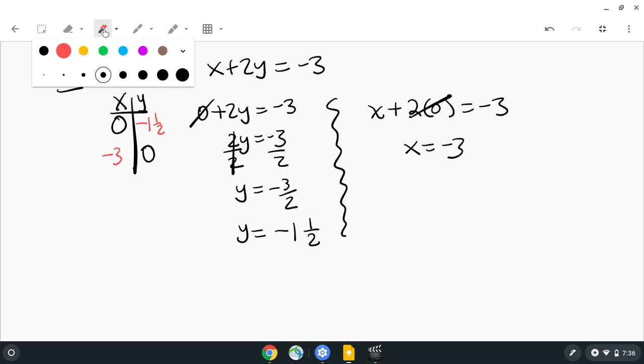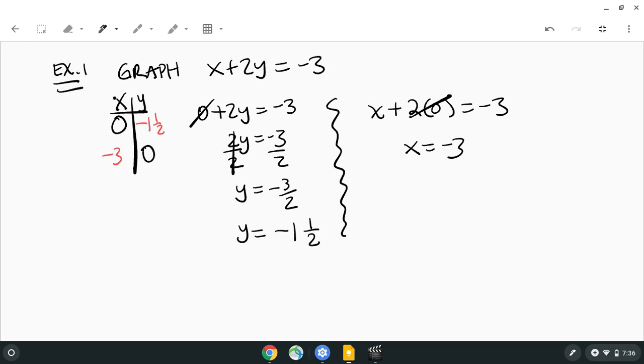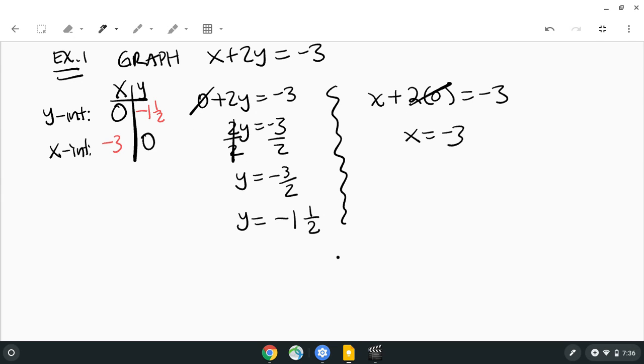Okay, and the one down below over here, that's an x value. This one is the x-intercept. So right here, this one's your y-intercept. And this one here is your x-intercept. Okay. All right, so let's go ahead and graph this.